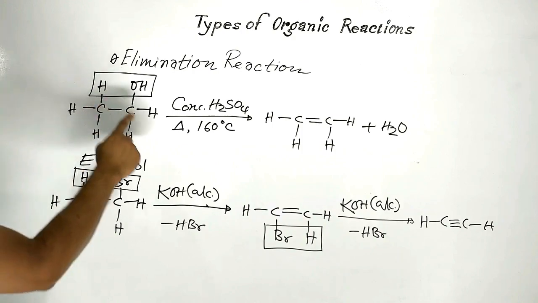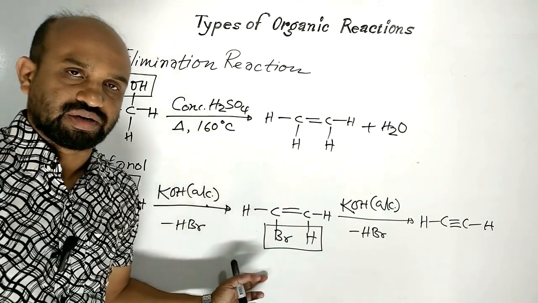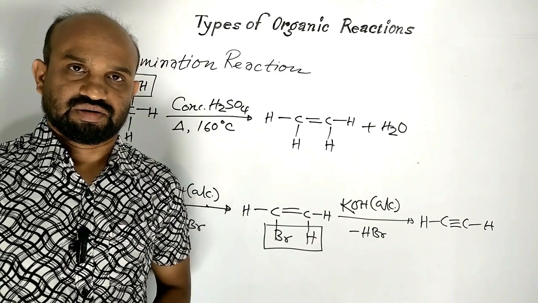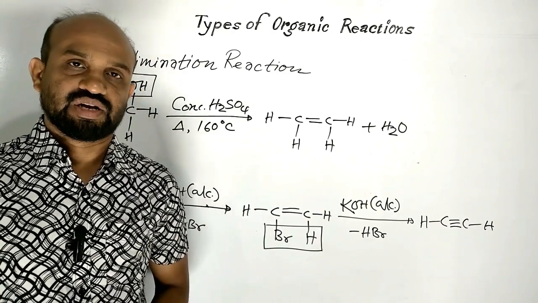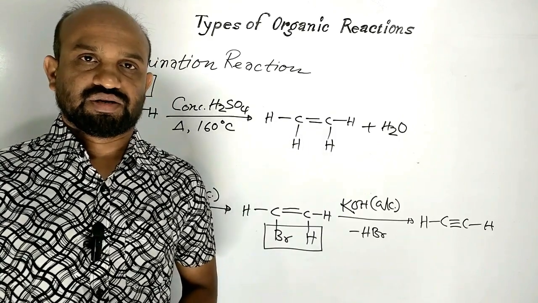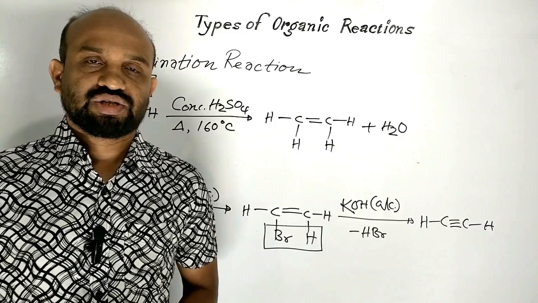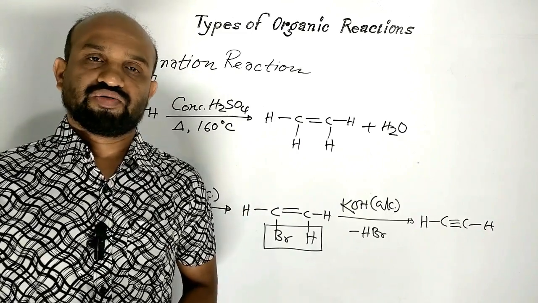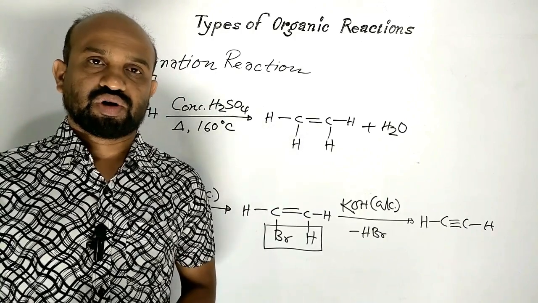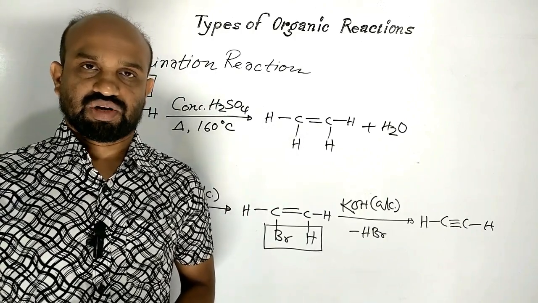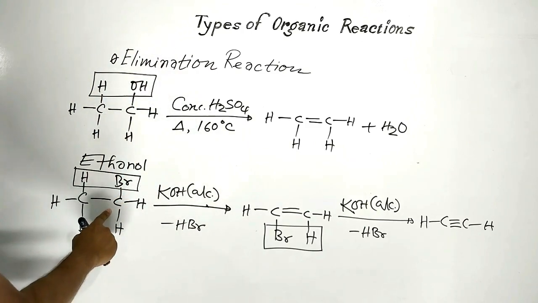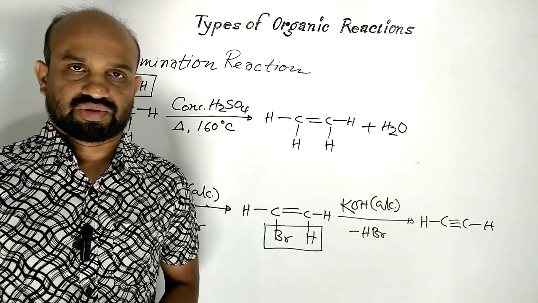So elimination reaction is the reaction in which a product is obtained after eliminating 2 atoms or radicals or 4 atoms or radicals with the help of a suitable reagent. Simply, the definition of elimination reaction is the reaction in which 2 or 4 atoms or radicals are removed from 2 neighboring or adjacent carbon atoms.